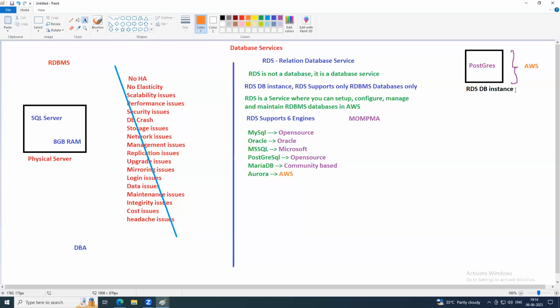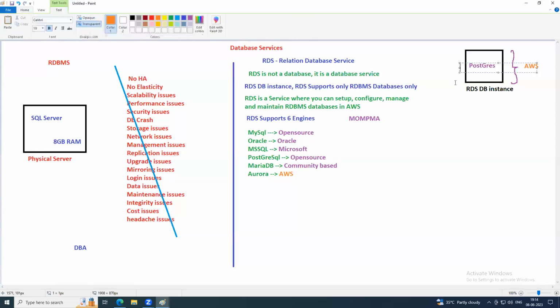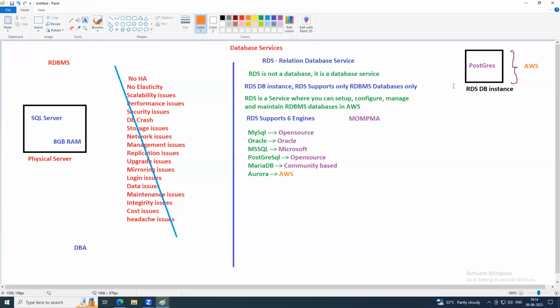So many clients will be there like this, and they will connect to this engine. But is it possible to log into the engine? No, you can access it and then create the databases. So it is like a platform as a service. The complete platform is managed by AWS.